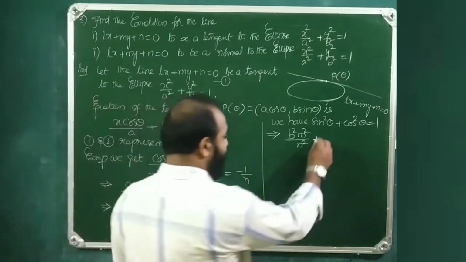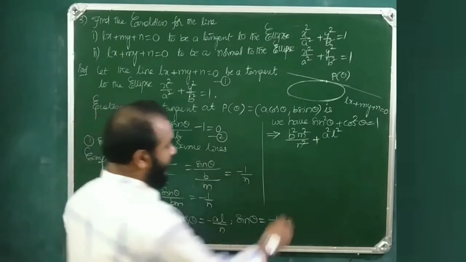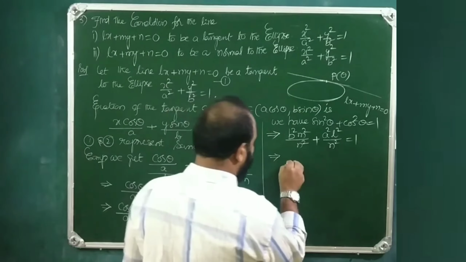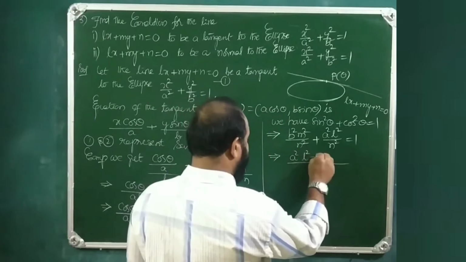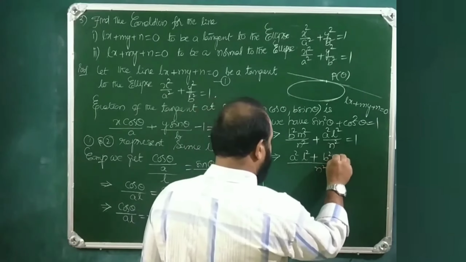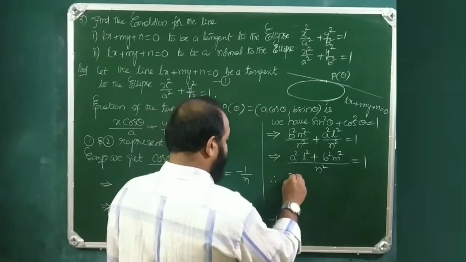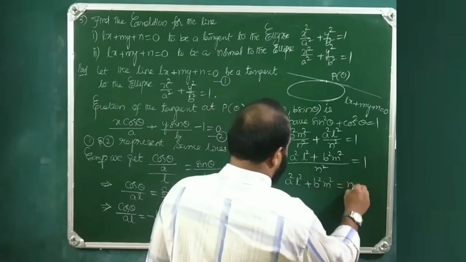So this is a square l square by n square is equal to 1. So take LCM n square, then we'll get a square l square plus b square m square is equal to n square.